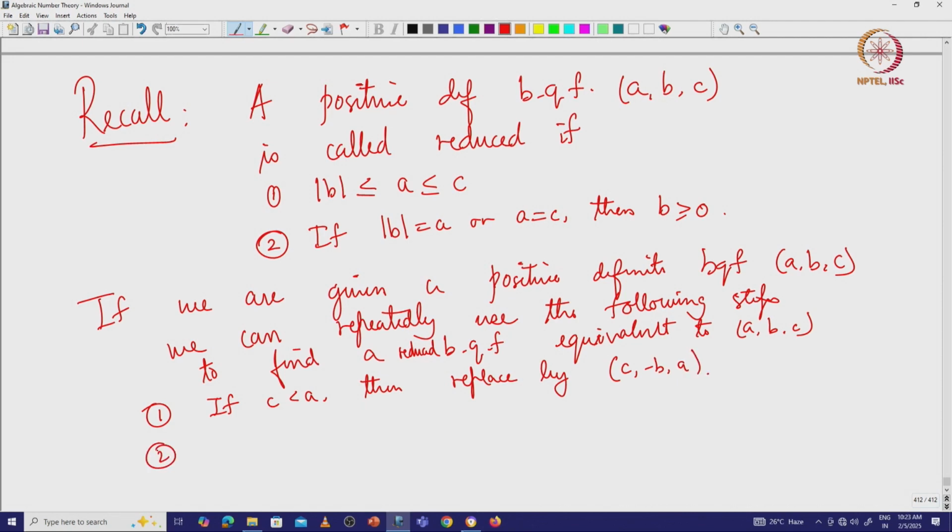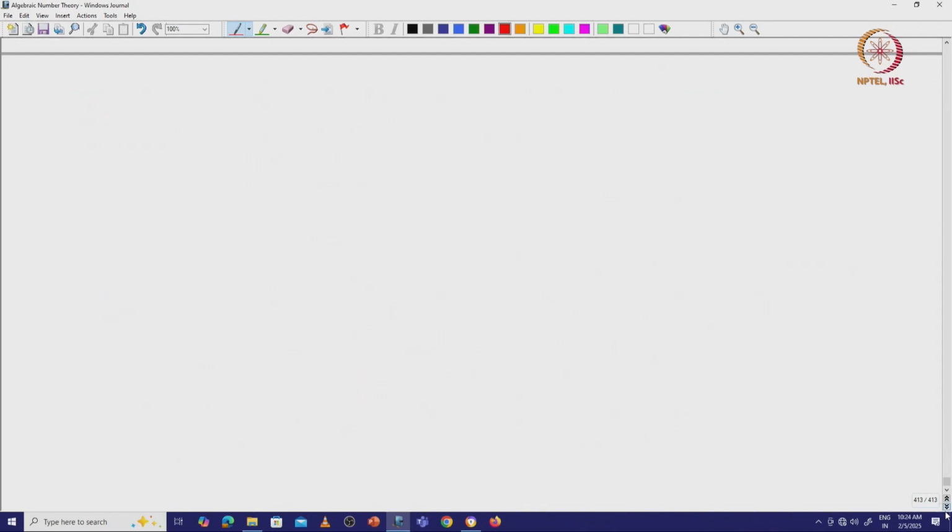Secondly, if |B| is bigger than A, then replace it by (A, B + 2KA, C'), for some C'. And what is K? K is simply the floor of (A - B) / 2A. Okay. So, let us do this in an example.